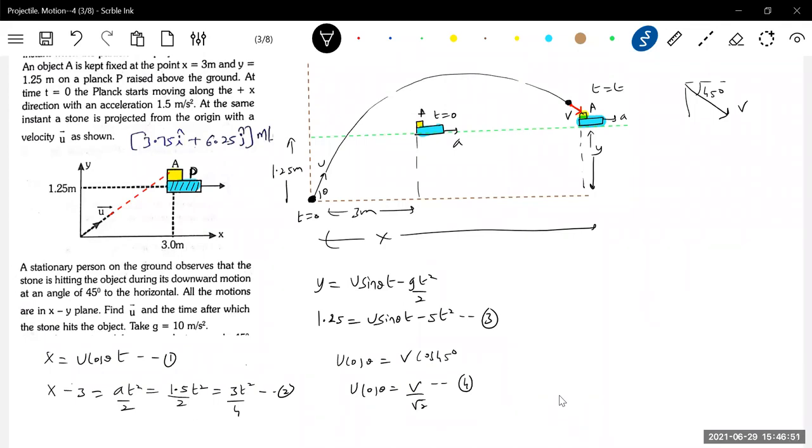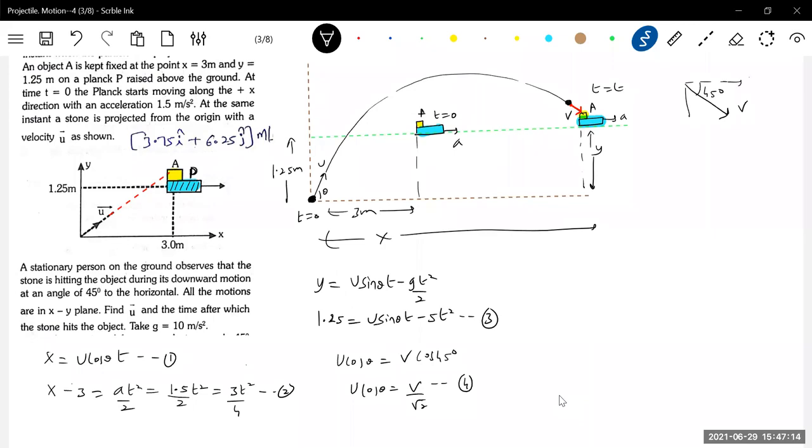We have to simplify this. Sir, tan 45 is equal to Vy by Vx, we can use. Yes, that you can apply. Then we'll get 3 equations, 3 unknowns. I think that this equation 4 may not help us. Okay, anyway, you can write it. So you come for this one.